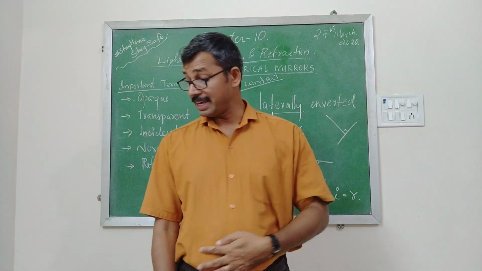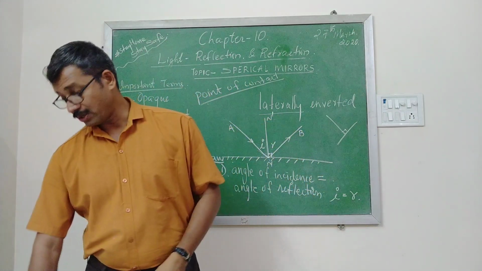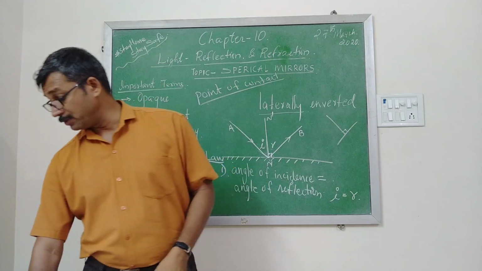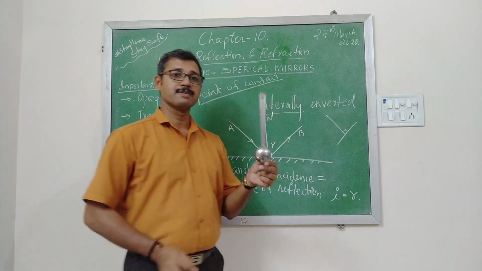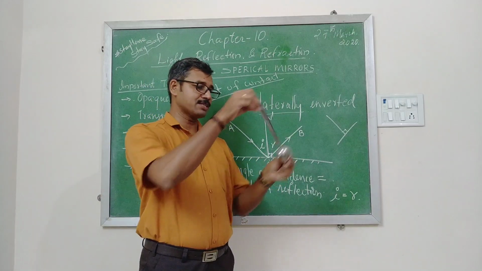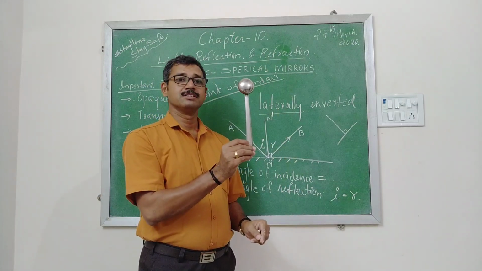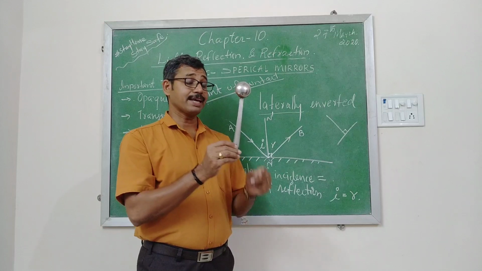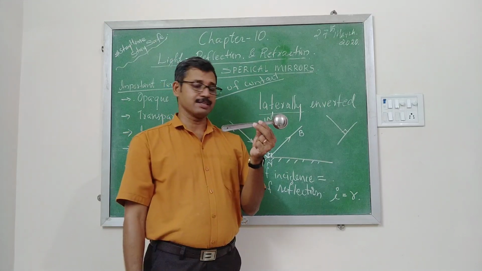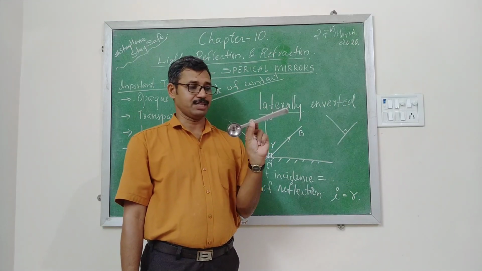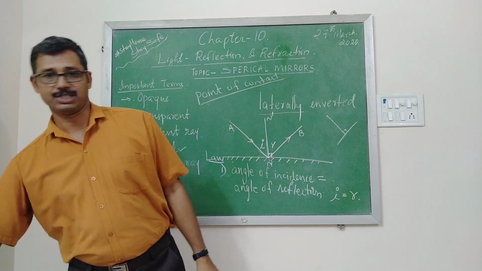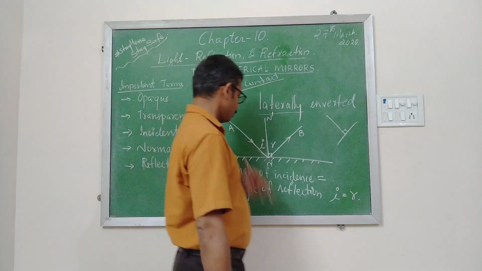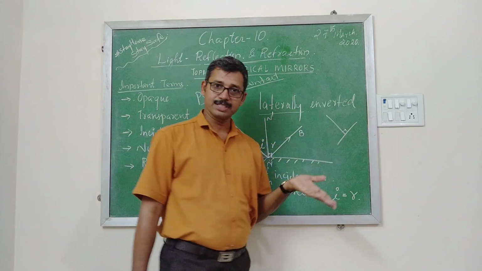When we say inversion, what we are normally doing is upside down. We are taking an object like this. Now the inverted means this is the inverted. But in the case of the lateral inversion, it is like this, laterally inverted. That is the difference we have to understand. Okay, so that is it. I hope all of you understand.